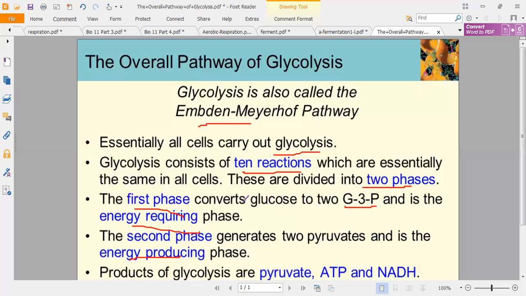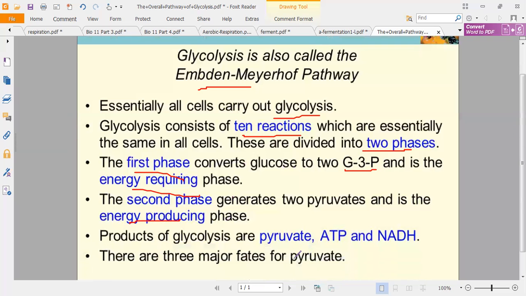Here the energy ATP is utilized, so it is the energy requiring phase, also called the preparatory phase. The second one is the energy producing phase, also called the payoff phase or oxidative phase, and at the end we get pyruvate, ATP, and NADH.